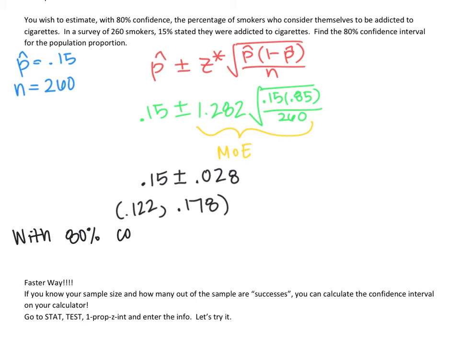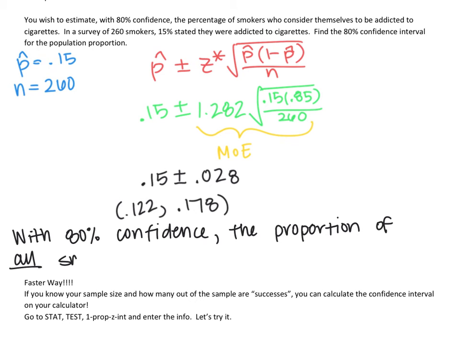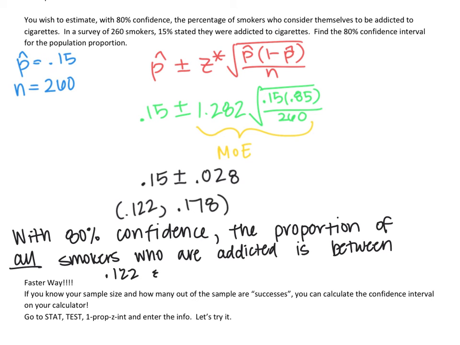So with 80% confidence the proportion of all smokers who are addicted is between 0.122 and 0.178.